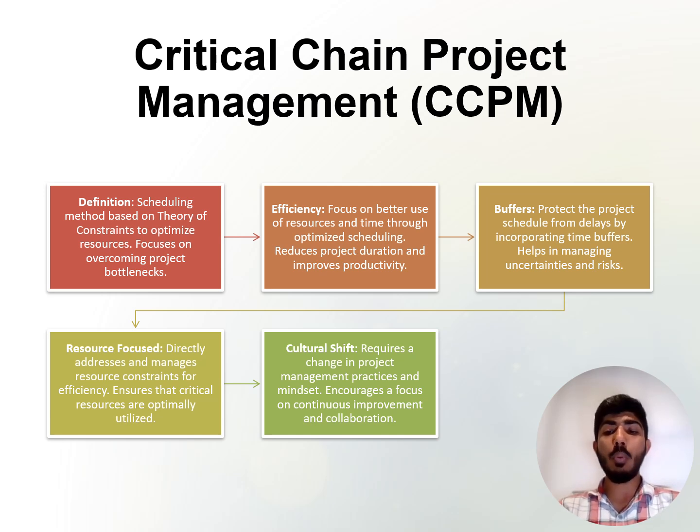CCPM improves efficiency by focusing on the most critical resources and incorporating buffers to protect the schedule from delays. It is resource focused and requires a cultural shift in how projects are managed. Culture shift requires a change in project management practices and mindset. We have to set our mind to do the culture shift as well.